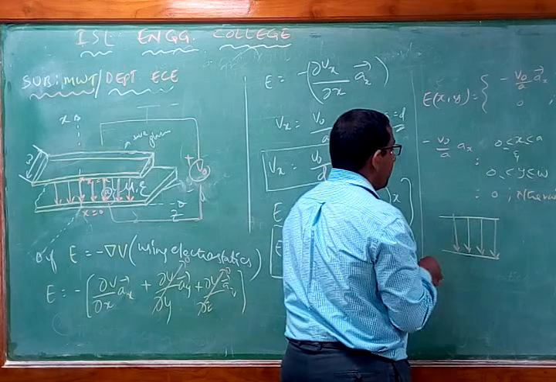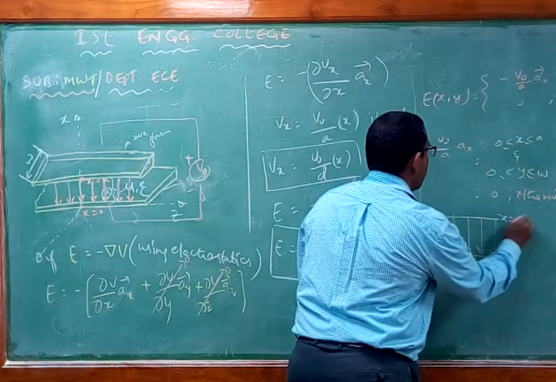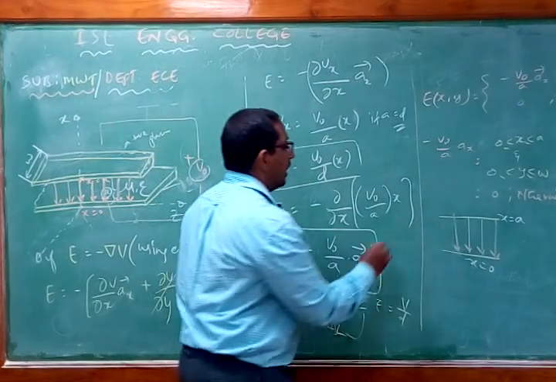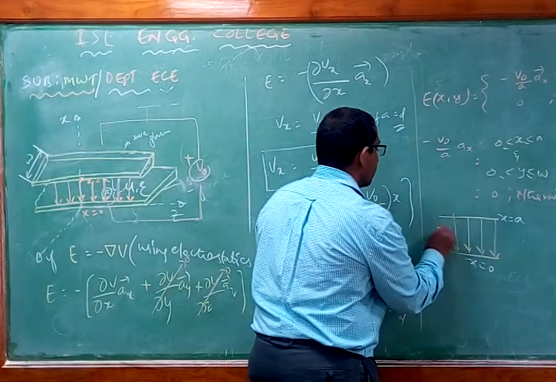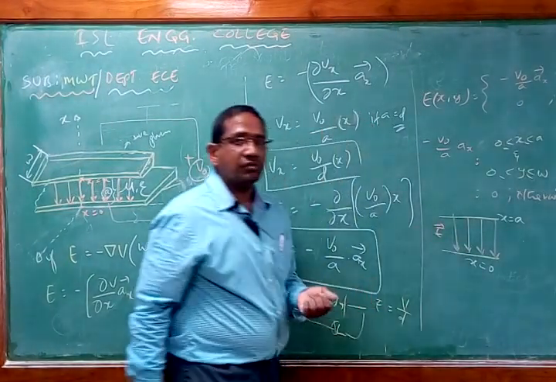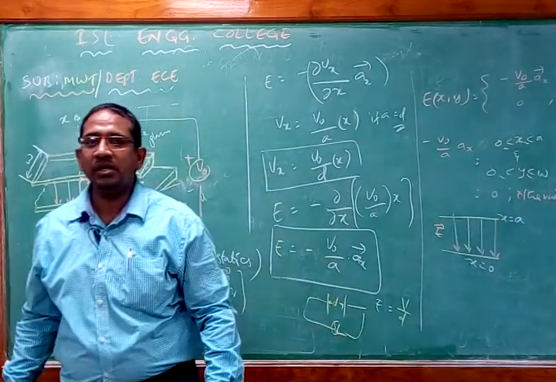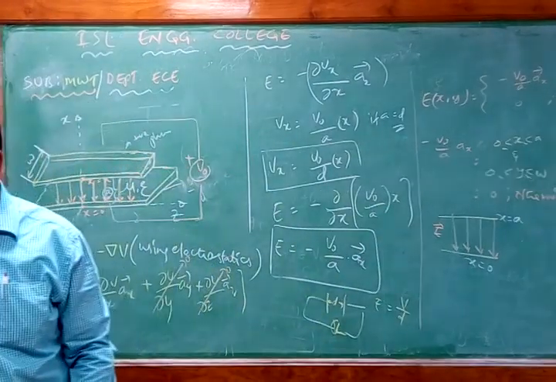The top plate is x equal to a, the bottom plate is x equal to 0, and the electric field flows from the top plate to the bottom plate.